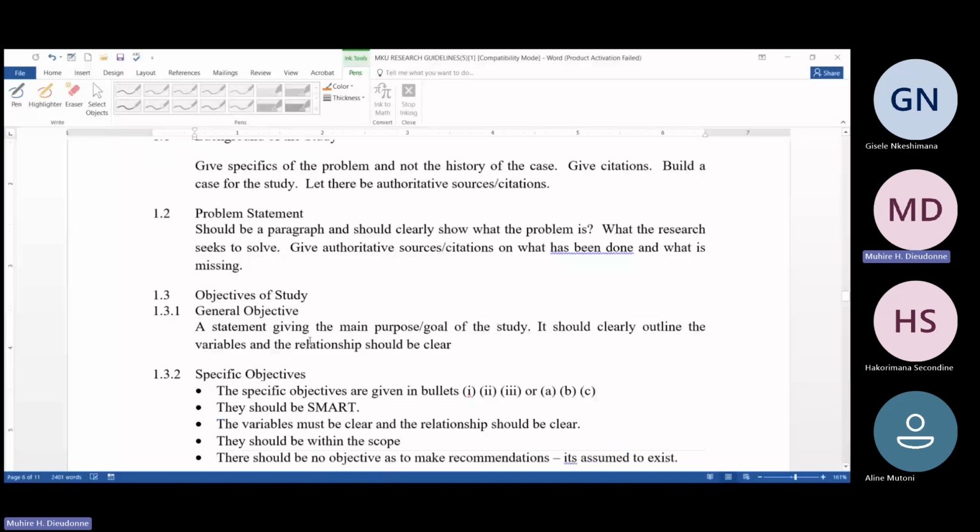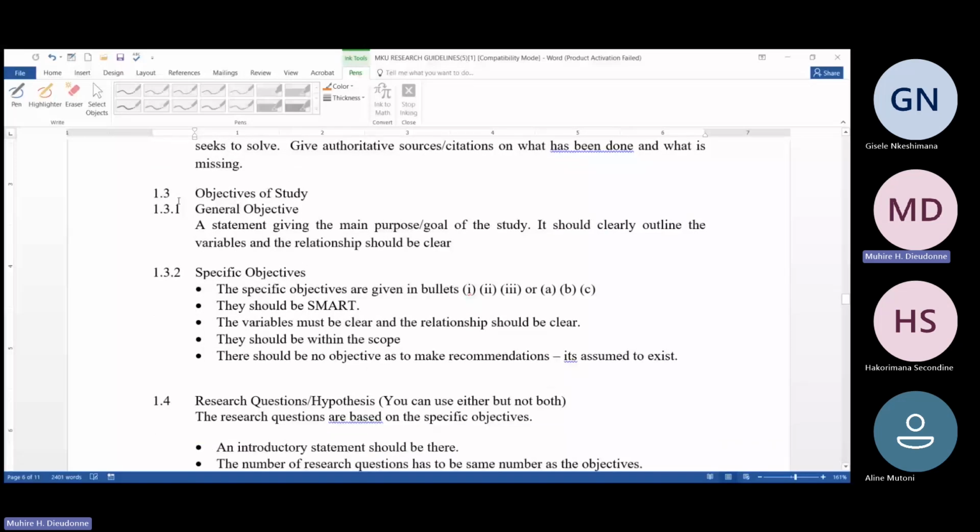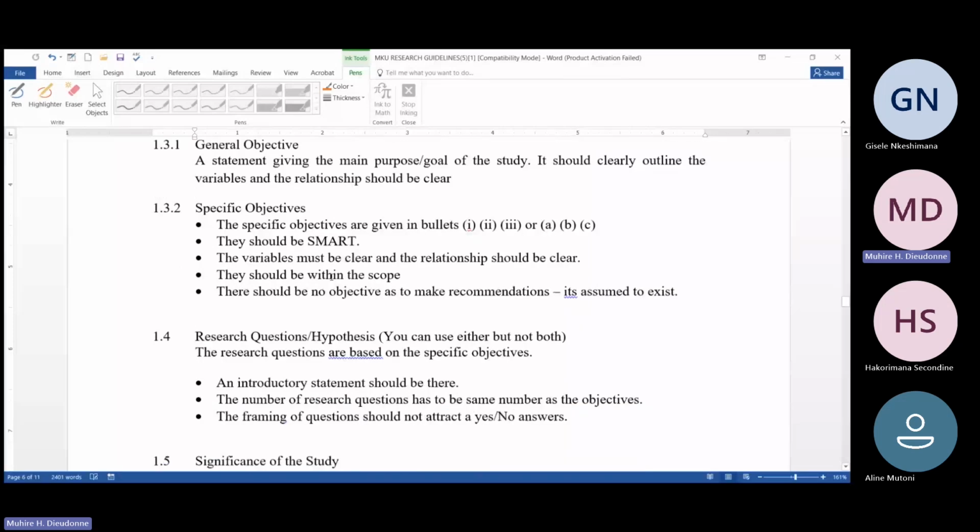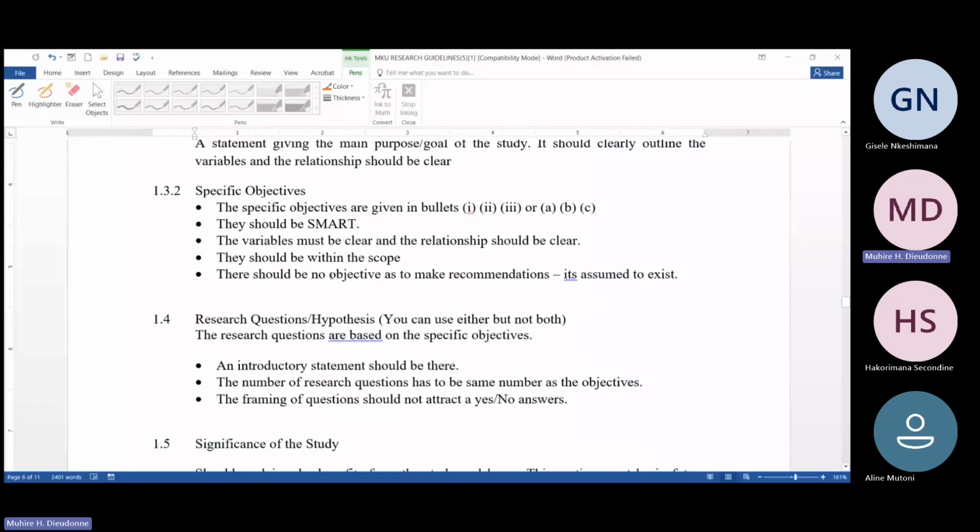So then objectives, we have 1.3 is objectives. So we have objective 1, objective 2, and we have general objective, and also we have specific objectives. The general objective is just to look at your topic, and mostly it's where you get your general objective.